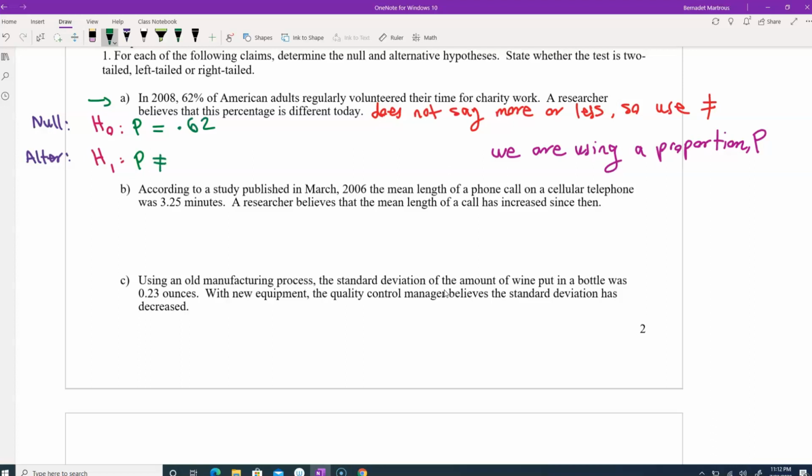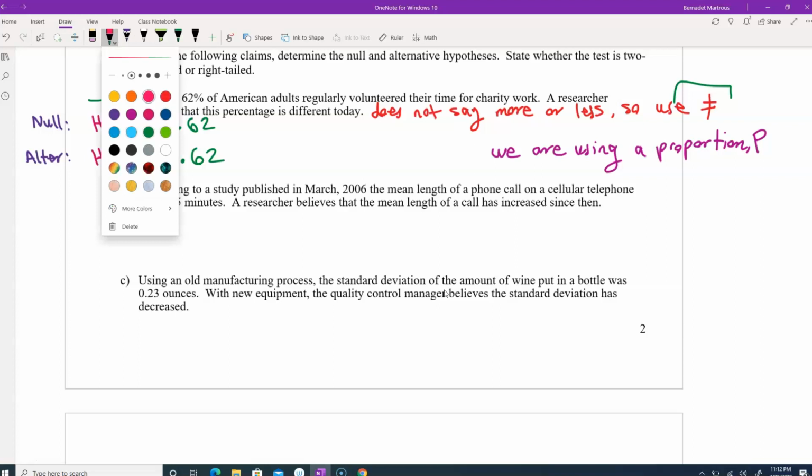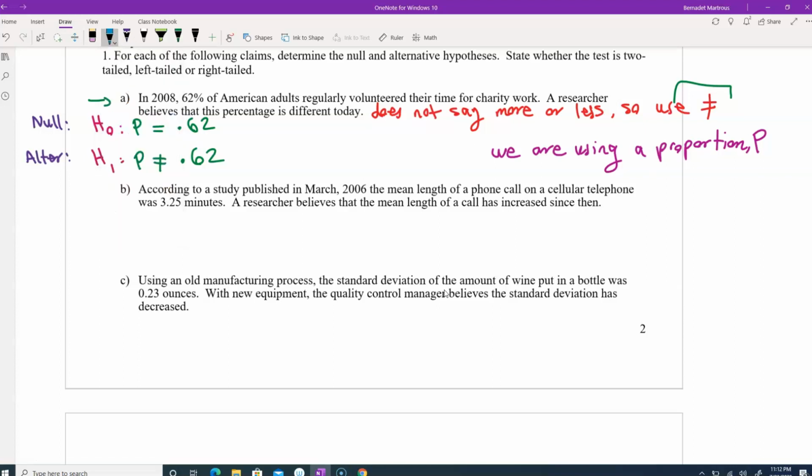And here we have is not equal to 62%. And it's asking if this one is two tail, left tail, or right tail. Since we have is not equal to, this is two tail.